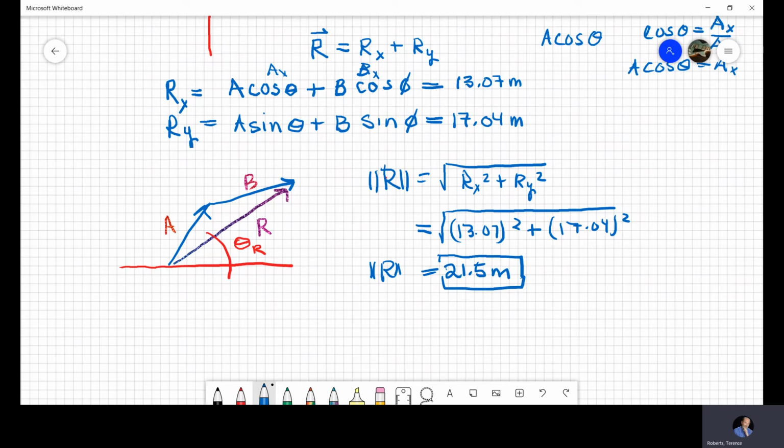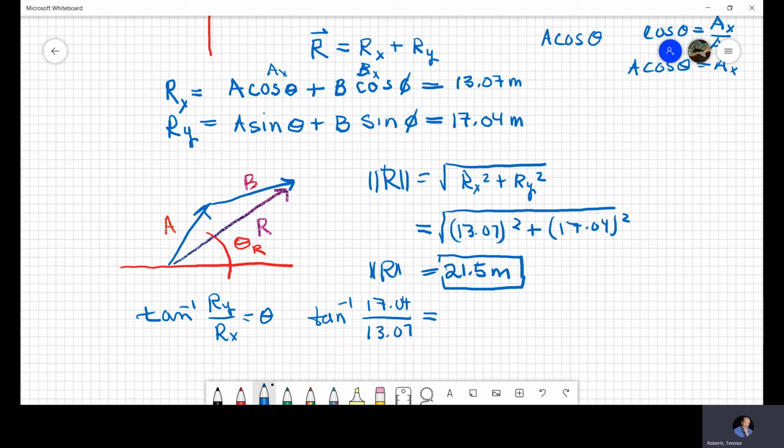What about the angle? Let's do it down here. Angle theta equals tangent inverse of Ry divided by Rx. So let's do the problem. Ry is 17.04, and Rx is 13.07, divided, and this is going to be equal to the angle.